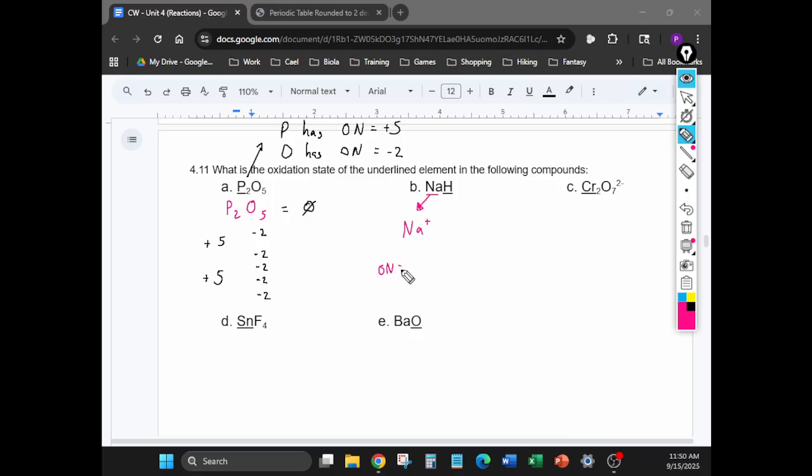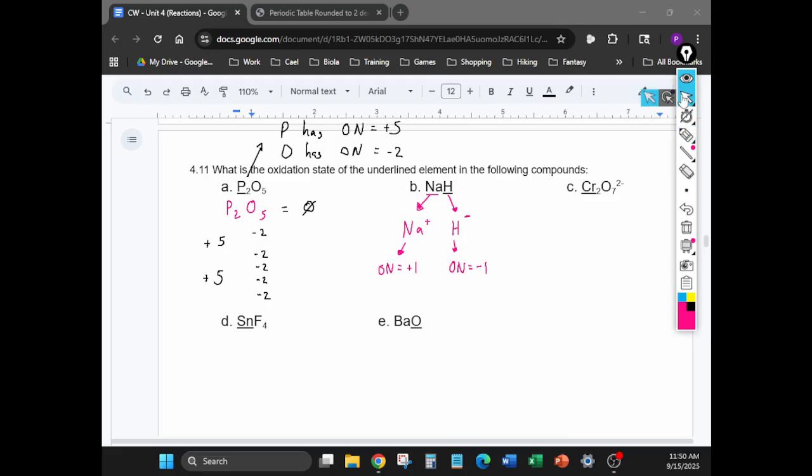So the oxidation number of Na here is +1. Now, what is the charge on this hydrogen in order to bind with the sodium? -1. Since it's H minus, that means the oxidation number has to be -1.